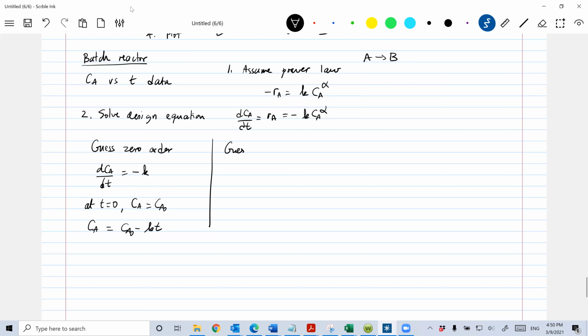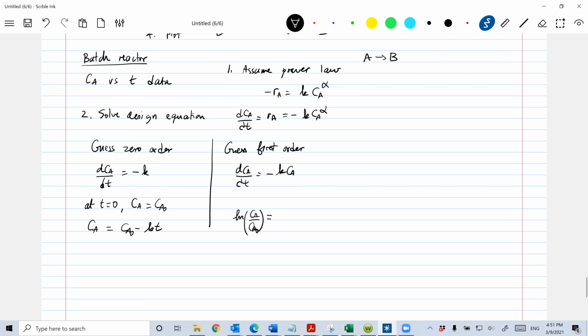So now let's say you guess first order. Now your dC_A/dt is minus k C_A. You can clearly see how you can use Solver in Excel to do this, right? If you don't want to be guessing that way, you could solve it directly. And if you solve this, you'll get the natural log of C_A over C_A0 equals minus kt.